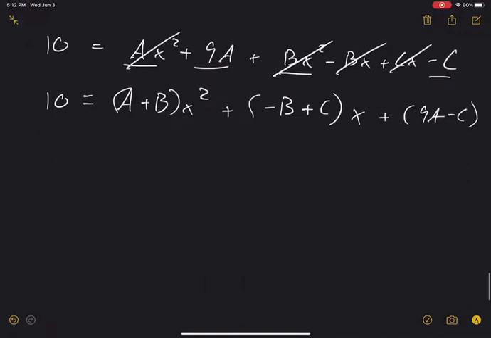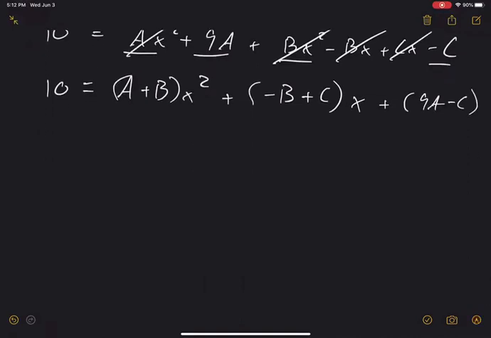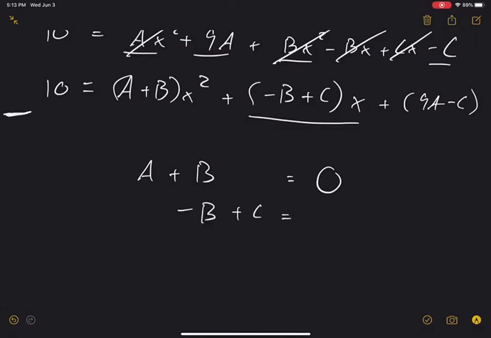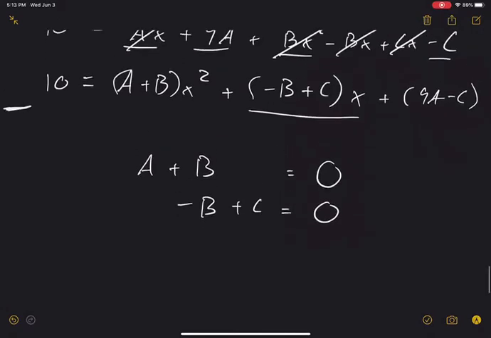And now it's a matching game, right? I look at the left side and I look at the right side. There are no x squareds on the left side, so I know that a plus b has to equal 0. Again, now I look at the x term. There are no x's on the left side, so I know that negative b plus c equals 0 as well. And now I come to the constants.